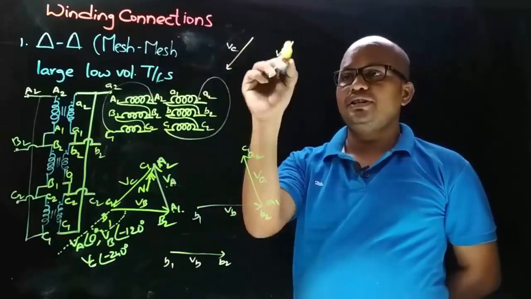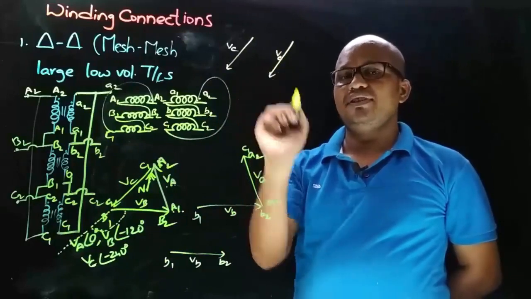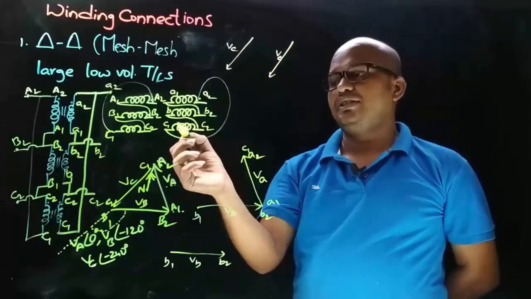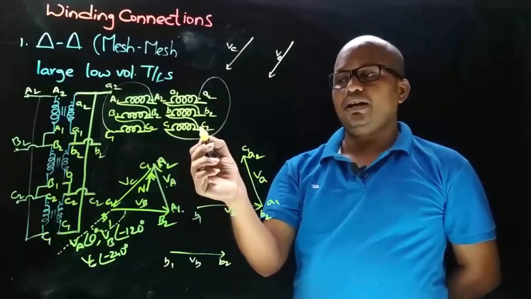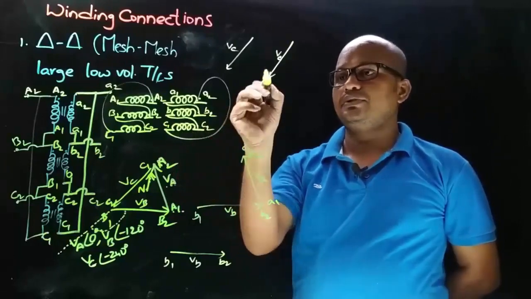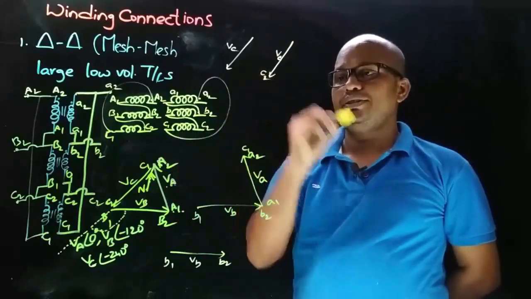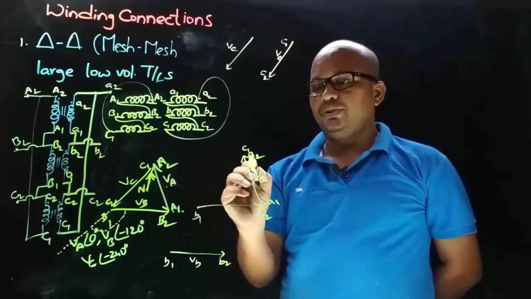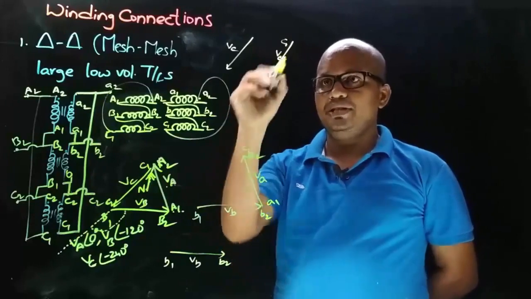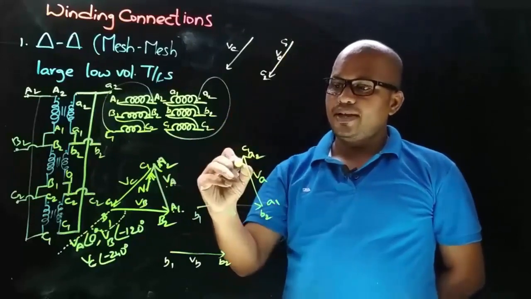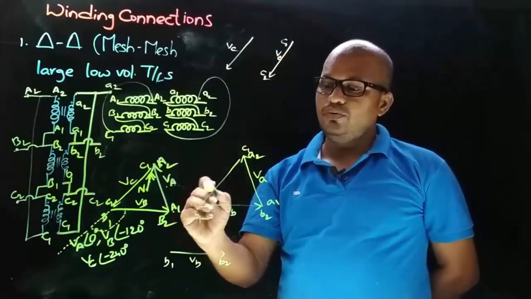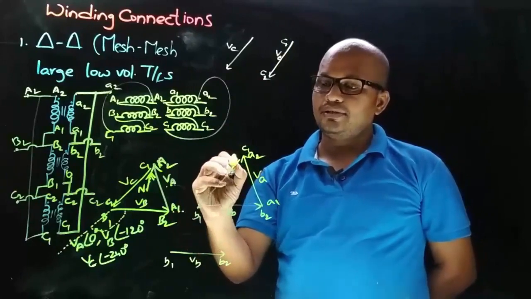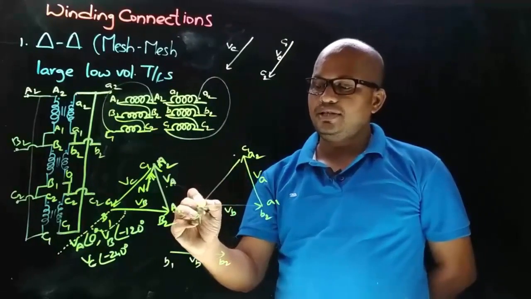And now we need to decide the secondary side VC phasor terminals. So secondary side VC phasor terminals are C1 and C2, and here the connection is taken from C2. So arrow points towards C2 and this end is C1. And now observe that here to A2 C1 must be connected, means this phasor is moved like this, means this is C1 and this is C2.